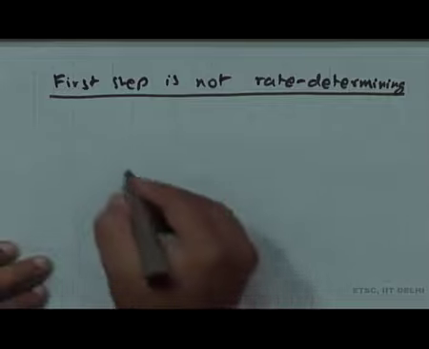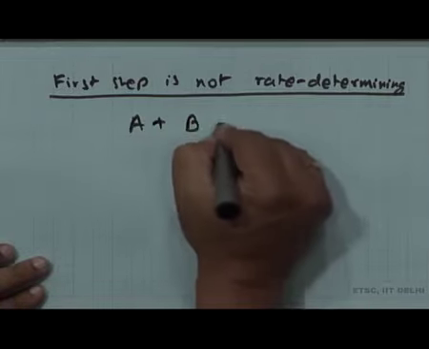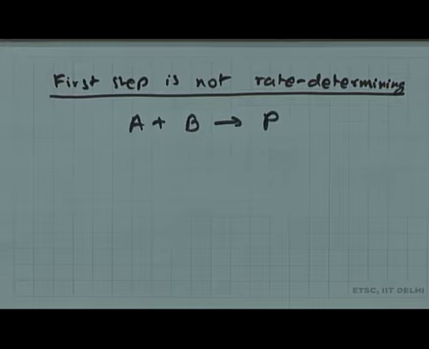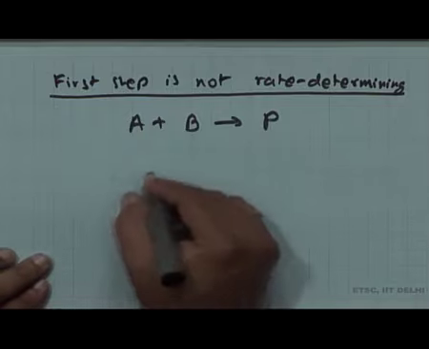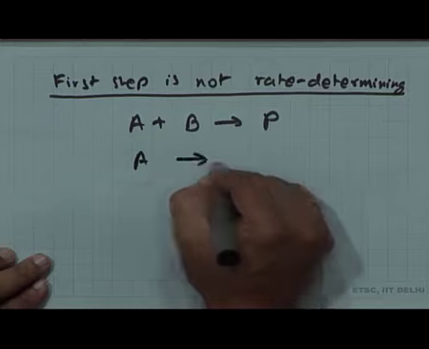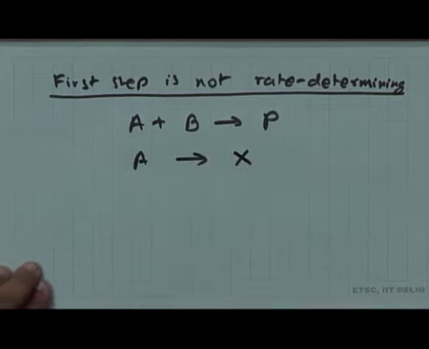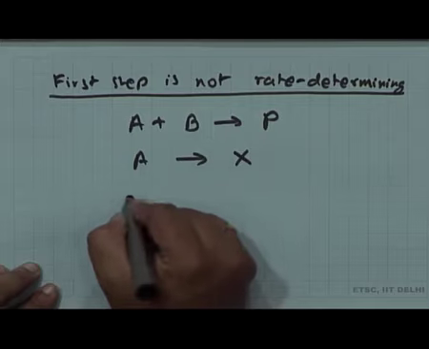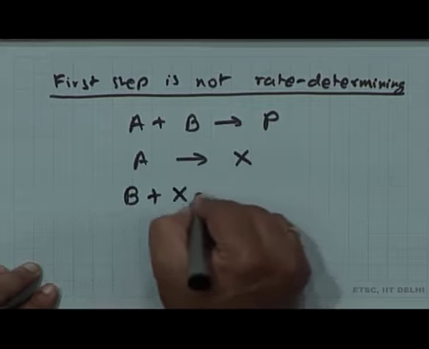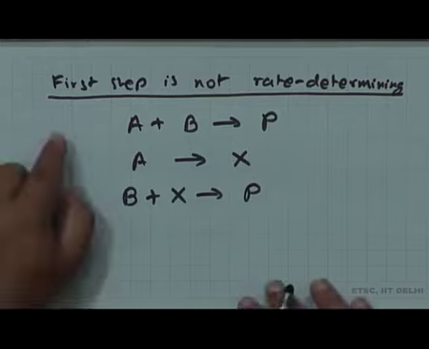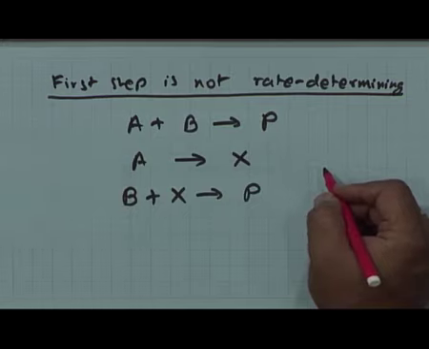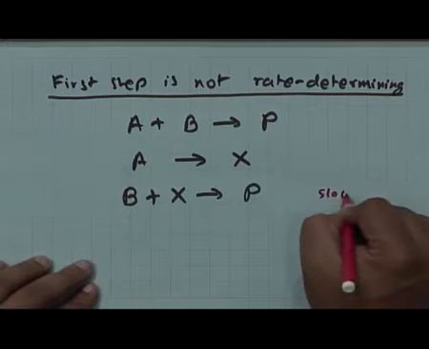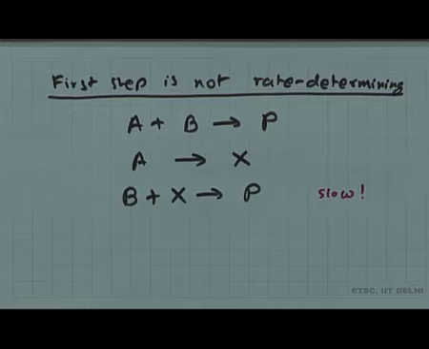Suppose I have this reaction A plus B going to products, and I am told that a proposed mechanism is as follows: A going to X, and then B plus X going to P. Because the first step is not rate determining and there are two steps, the second step has to be rate determining, that means a slow step, right.